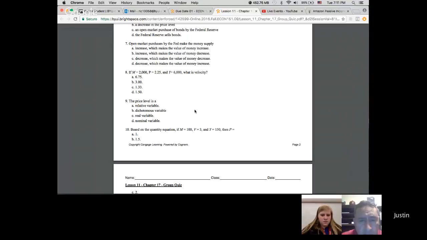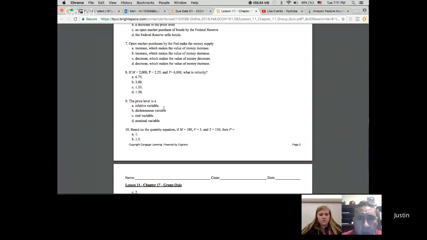Lindsay, is the price level a real variable? What'd you get? I got B. That's what I ended up putting too. This is one I wasn't super confident in, but the reason I put that was, where does it explain a dichotomy?